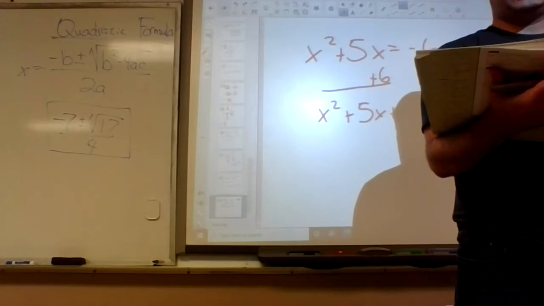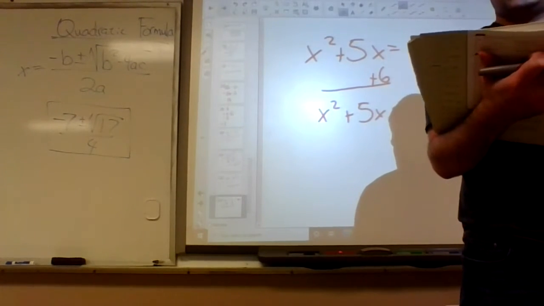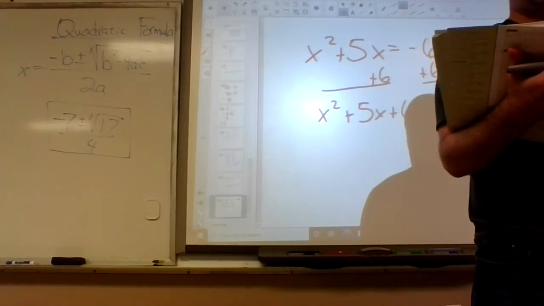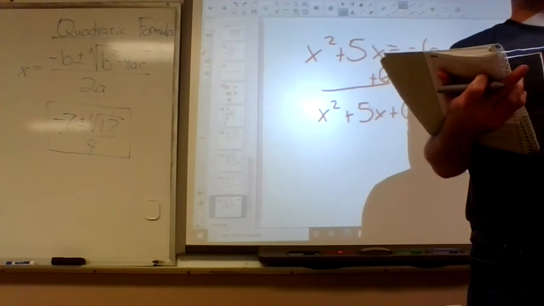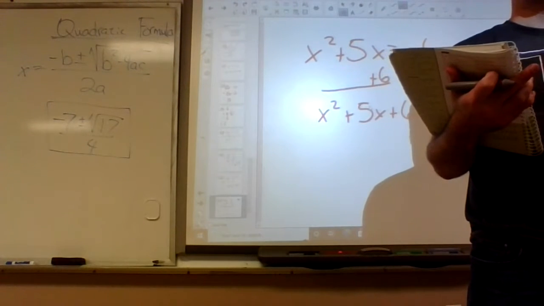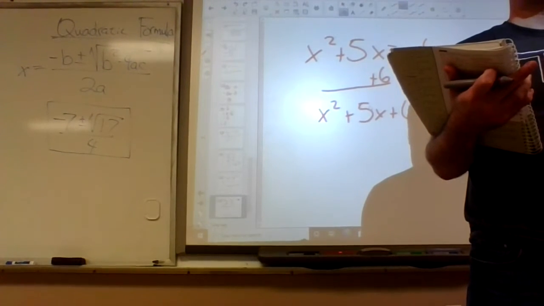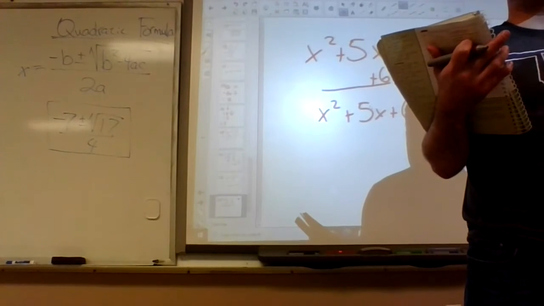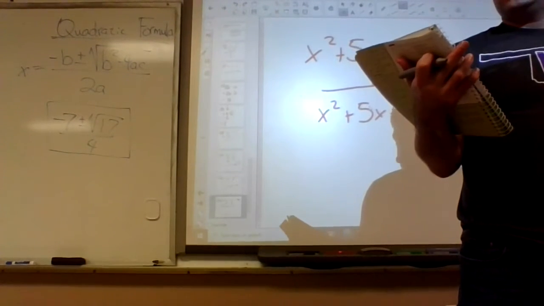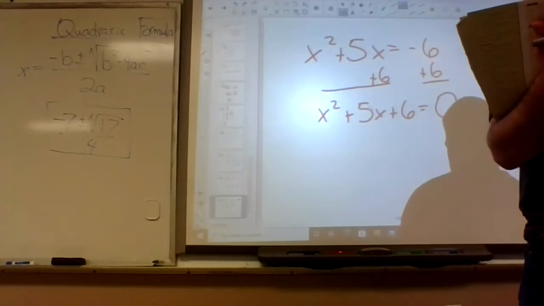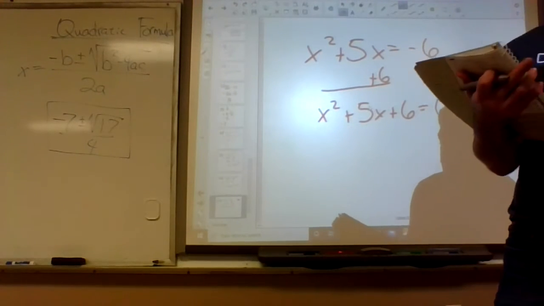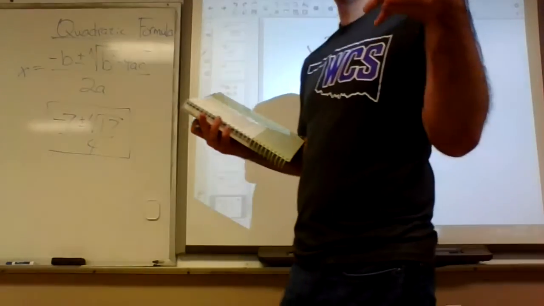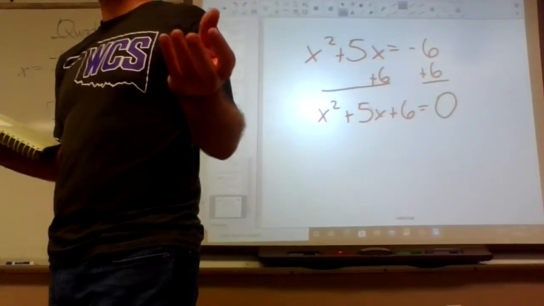Number 5. Here's another trick question. What is the A value? 1. What is the B value? 0. You guys know how she got that? Because there is no W term. It doesn't say W squared plus 2W, it doesn't say W at all.